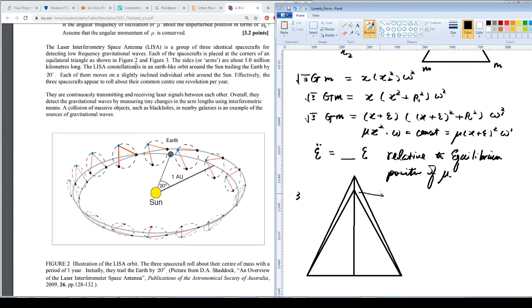Because we know that at the equilibrium position, x double dot is 0 in the radial direction, relative to the inertial frame. Well, sorry, the non-inertial frame. And that quantity is essentially our epsilon, right?